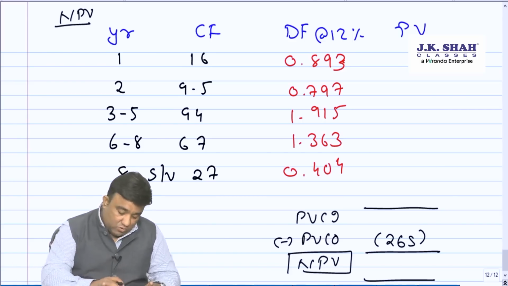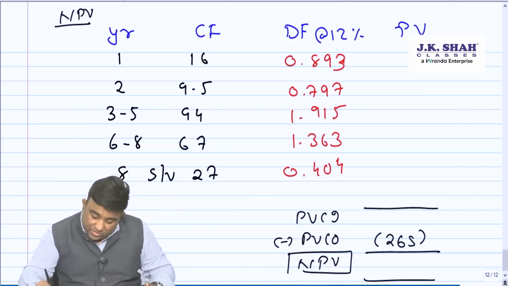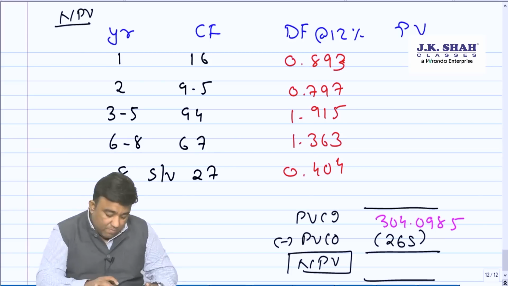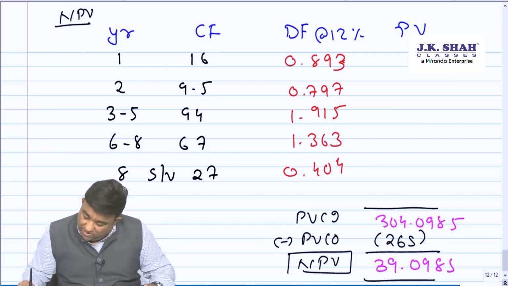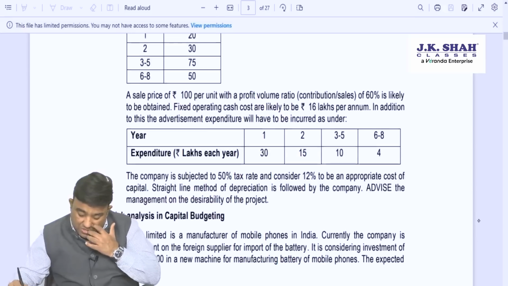That is 16 into 0.893 plus 9.5 into 0.797 plus 94 into 1.915 plus 67 into 1.363 plus 27 into 0.404. That gives you something like 304.0985 minus 265, that is 39.0985.